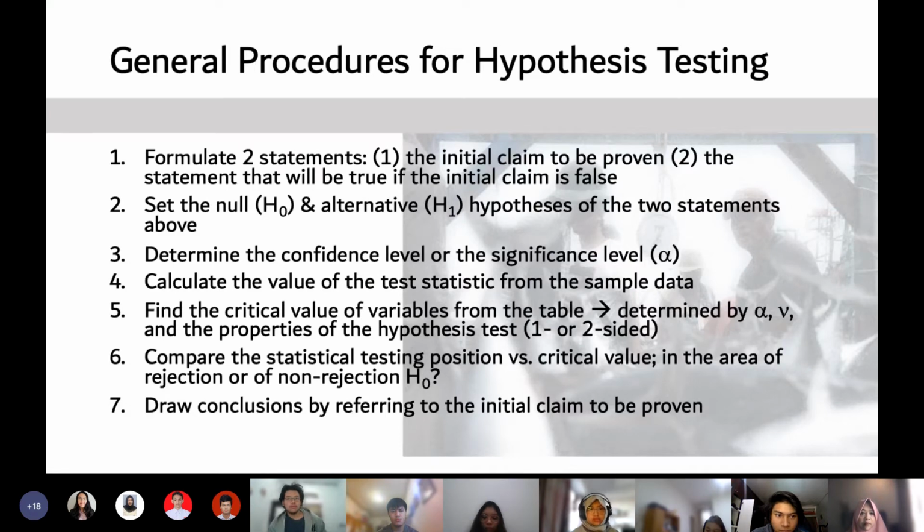First, we have to formulate two statements. One is the initial claim to be proven, and two is the statement that will be true if the initial claim is false. That's what we know as H0 and H1. Then the statements should be converted to mathematical statements, and that's when we have the H0 and H1.